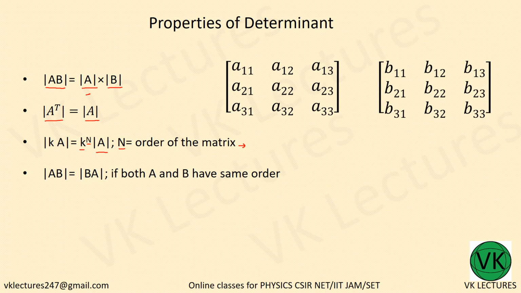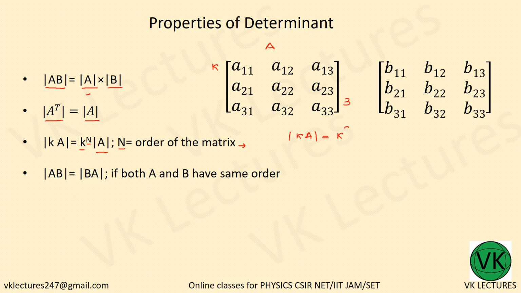For example, if this is the matrix A, I am multiplying this matrix by K, then determinant of KA will be equal to K power, what is the order of the matrix? Order of the matrix is 3.